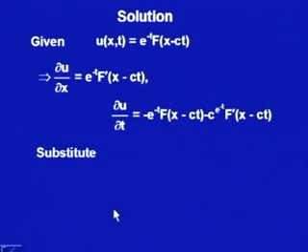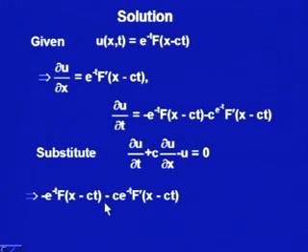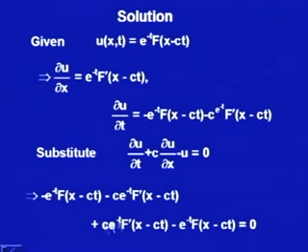Now, if we substitute in the given equation, del u over del t plus c times del u over del x minus u is equal to 0, we get e to the power minus t f of x minus c t minus c times e to the power minus t f dash of x minus c t, this is del u over del t, plus c times e to the power minus t f dash of x minus c t, minus u, which is e to the power minus t f of x minus c t.